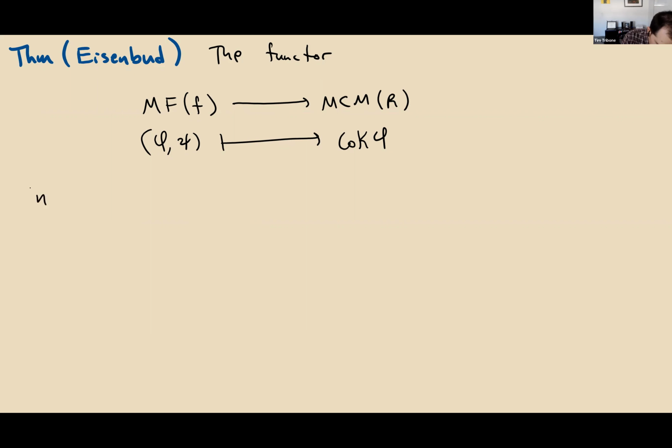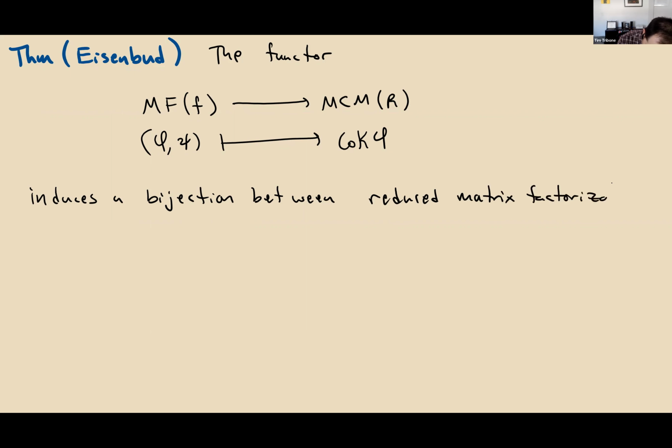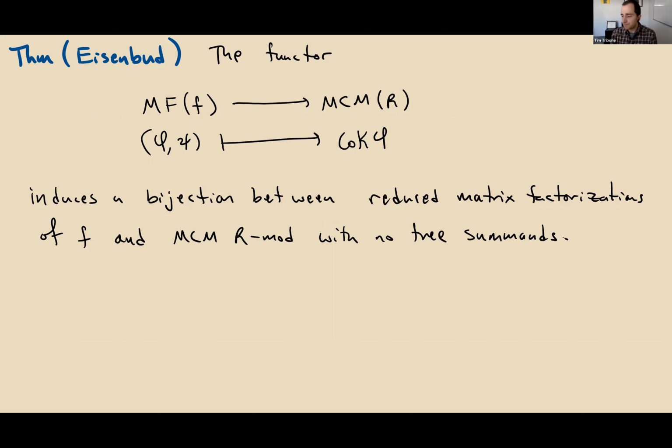This induces a bijection between what are called reduced matrix factorizations of F and MCM R modules with no free summands.